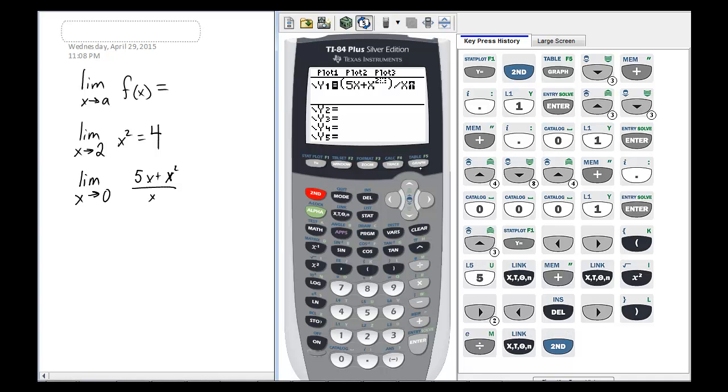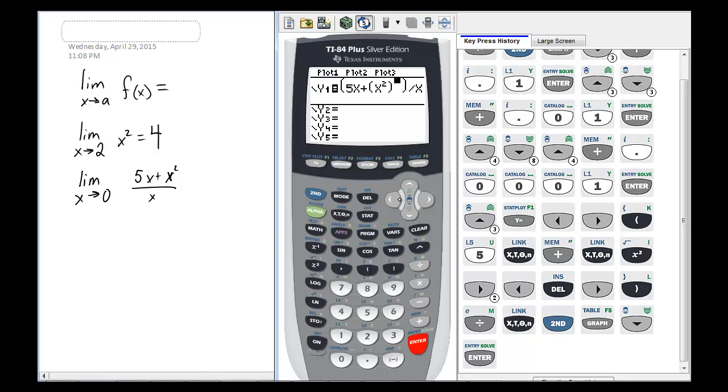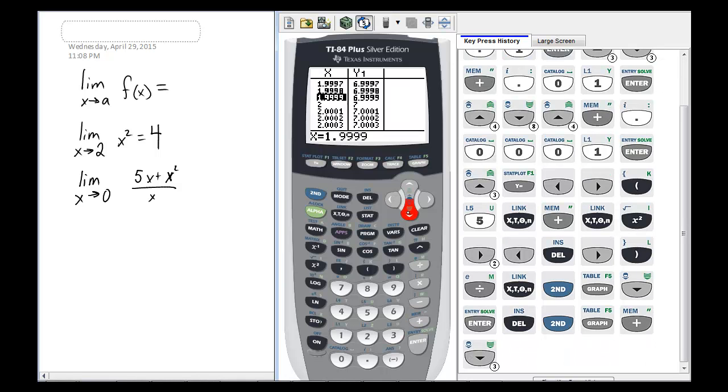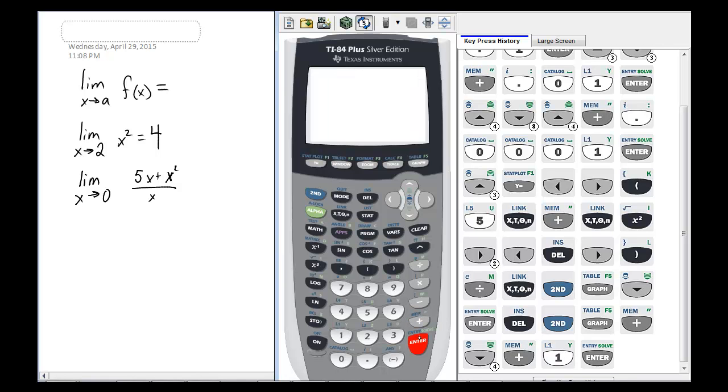And we'll go into our table. It didn't like that, did it? Sorry about that. Let's just get rid of this. Now we go into our table. And this time I'm doing as x approaches 0. So let's go back to 2. We'll go back to our value of 1.